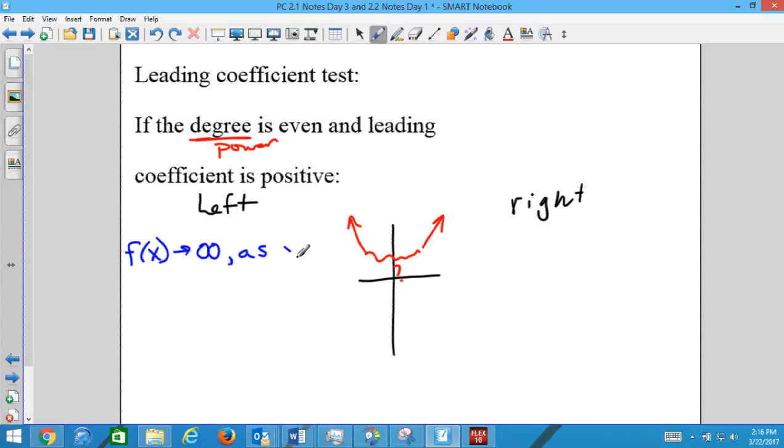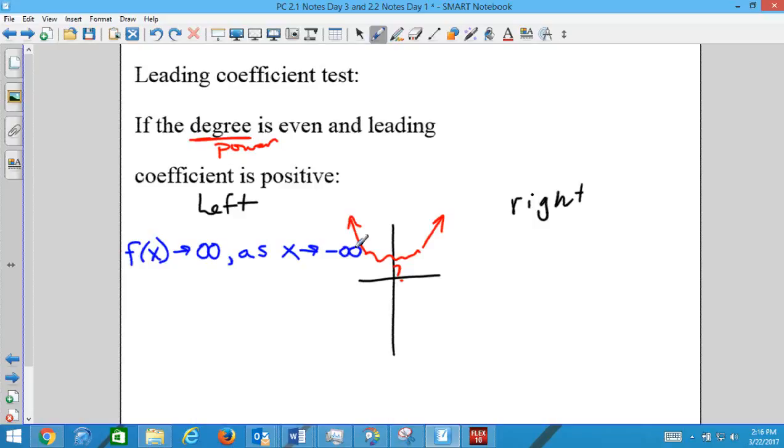As the x values go to the left, they go to negative infinity. So as x approaches negative infinity, this is how we say it in symbols: the function approaches infinity as the x values approach negative infinity. That is saying it goes up as we go to the left.